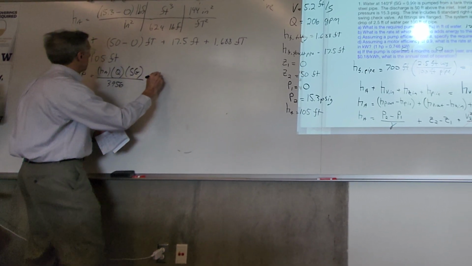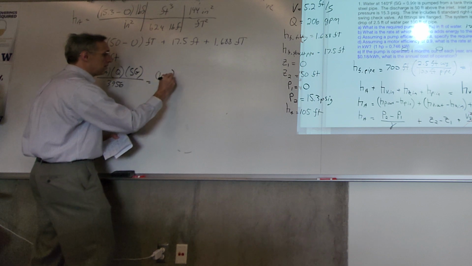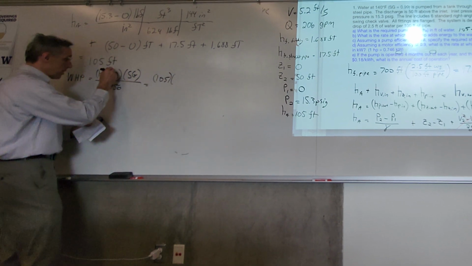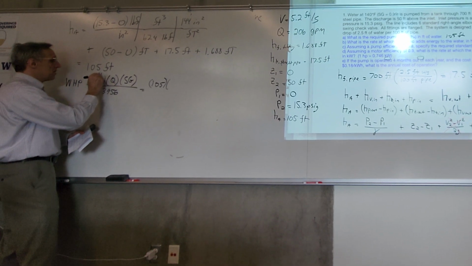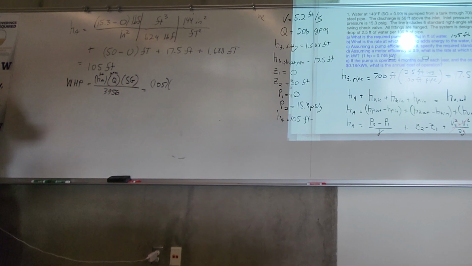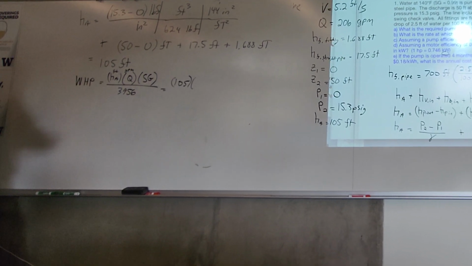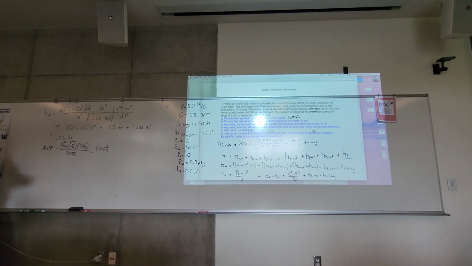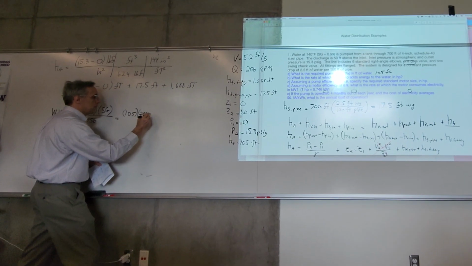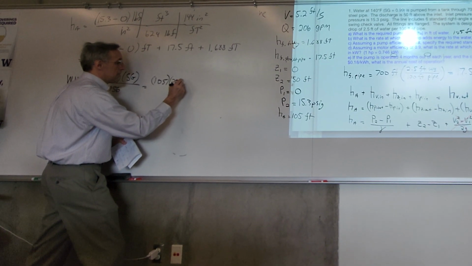So this is going to be 105 feet times, and this one's GPM, so this is feet, and that's GPM for water. And that's really nice because we don't have to convert gallons and cubic feet and stuff like that.